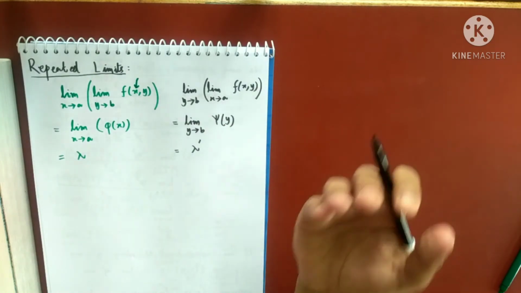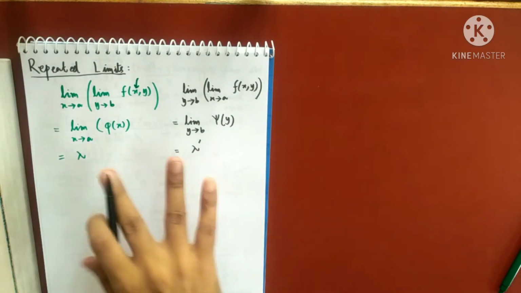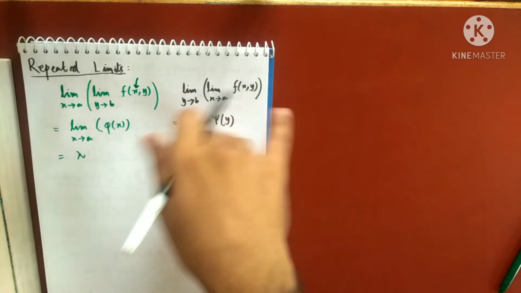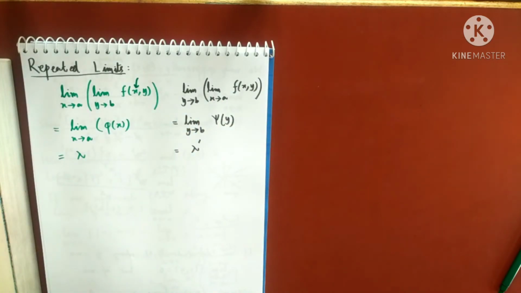Now the first thing that hits our minds is, are these two always equal? That is our first question. Second, is there any relation between repeated limits and double limits? Can I say if the repeated limits exist, the double limit will also exist, or vice versa? So many problems have arisen now.